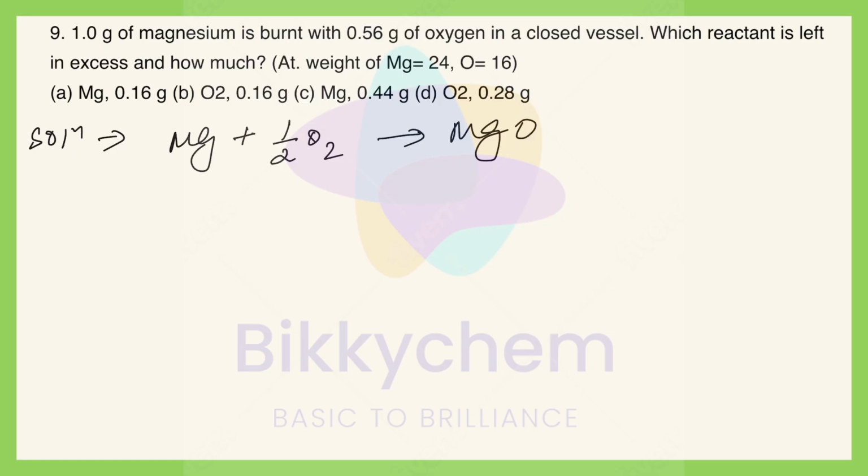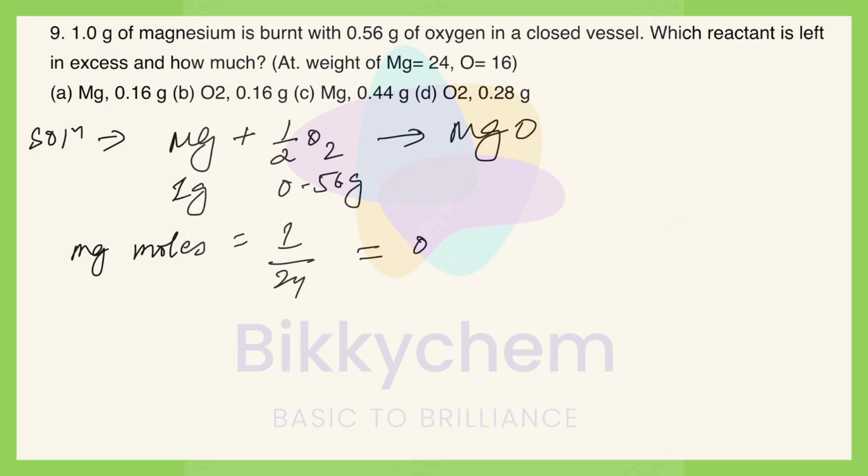So 1 gram of Mg is given and 0.56 gram of oxygen is given. Now we need to find the moles of Mg. Moles equals 1 by 24, which is 0.0416 moles.